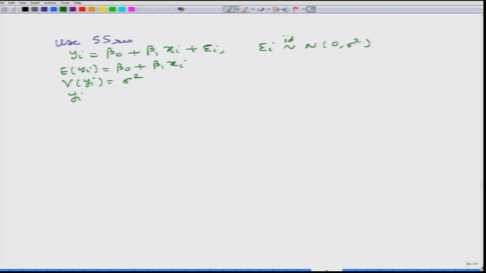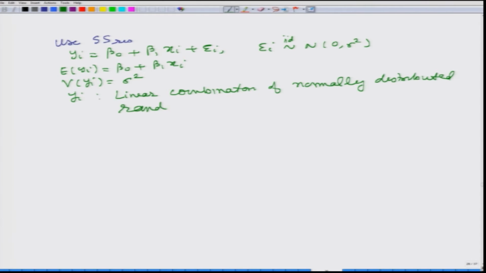And moreover, yi's are a linear combination of normally distributed random variables, which in our case is epsilon.